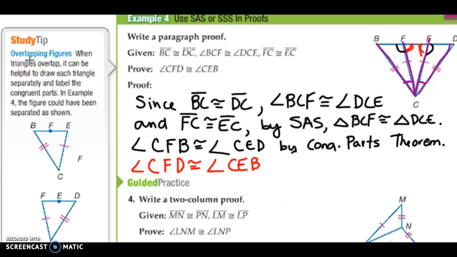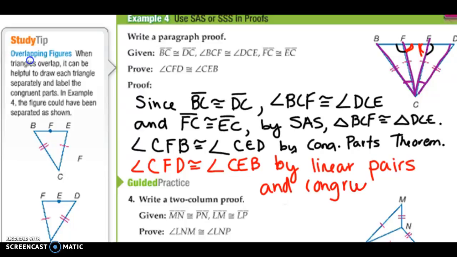And then angle CFD is going to be congruent to CEB by linear pairs and congruence. Box it, we're done.